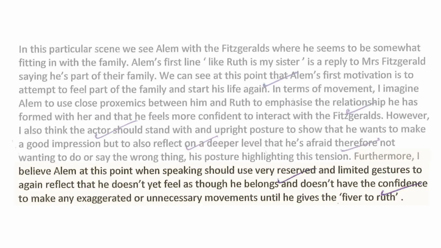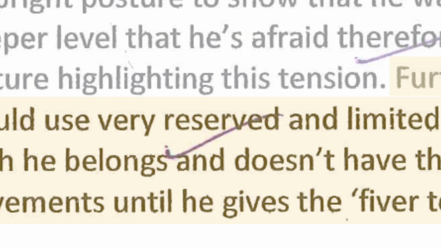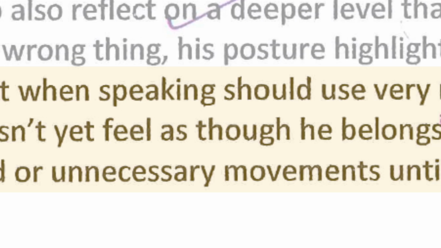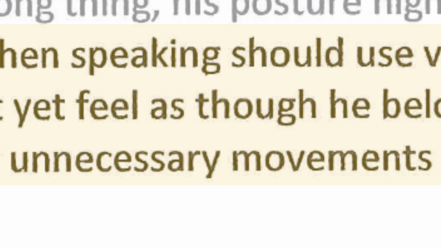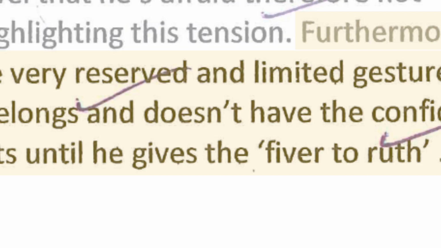Then she says, "Furthermore, I believe Alem at this point when speaking should use very reserved and limited gestures to again reflect that he doesn't yet feel as though he belongs and doesn't have the confidence to make any exaggerated or unnecessary movements until he gives the fiver to Ruth." So again, we're referencing gestures. Now that's good because she's giving a context.